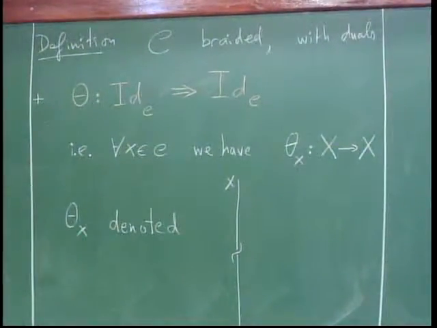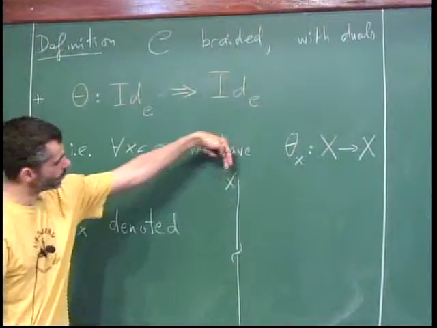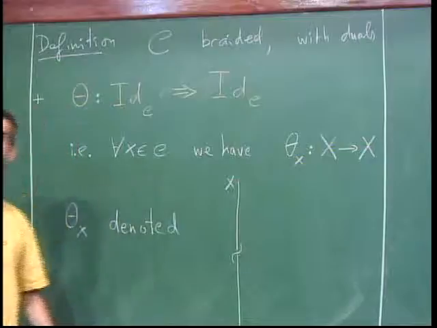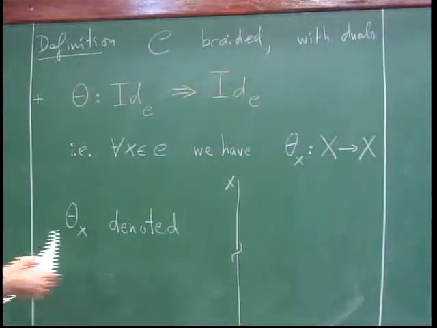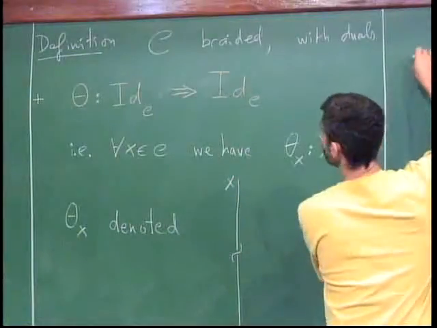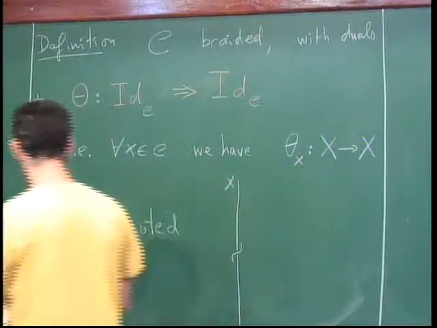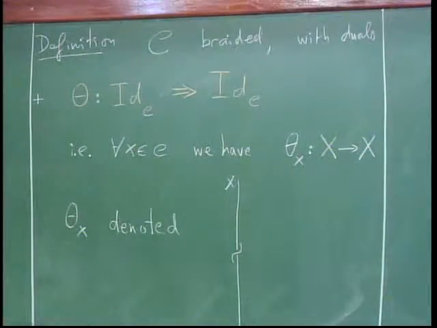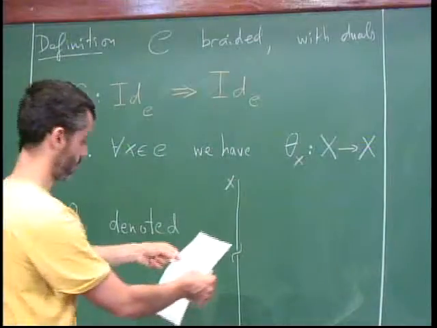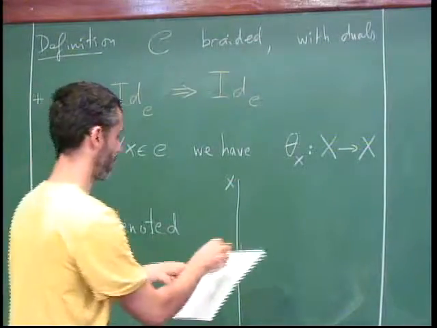And that means that I look at the map theta_X, which is a map from X to X going downwards. The axioms, I'm about to define the notion of a ribbon category, which Chris told about already.